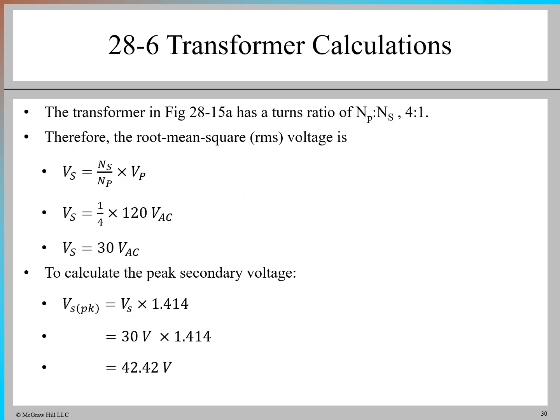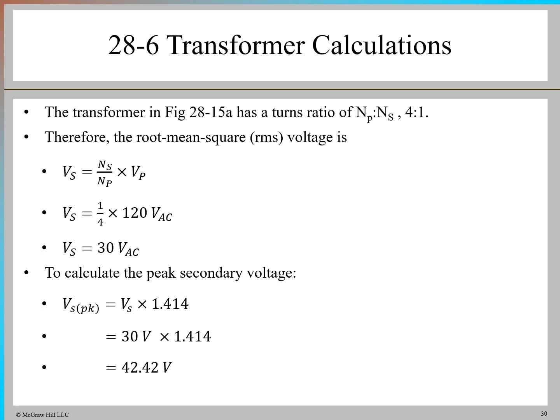In the transformer circuit, shown in figure 28-15A, we have a turns ratio of 4:1 between the primary and secondary coils. This means the voltage is stepped down by a factor of 4. The primary voltage is 120 volts AC, and the secondary voltage, V sub S, is 30 volts AC.